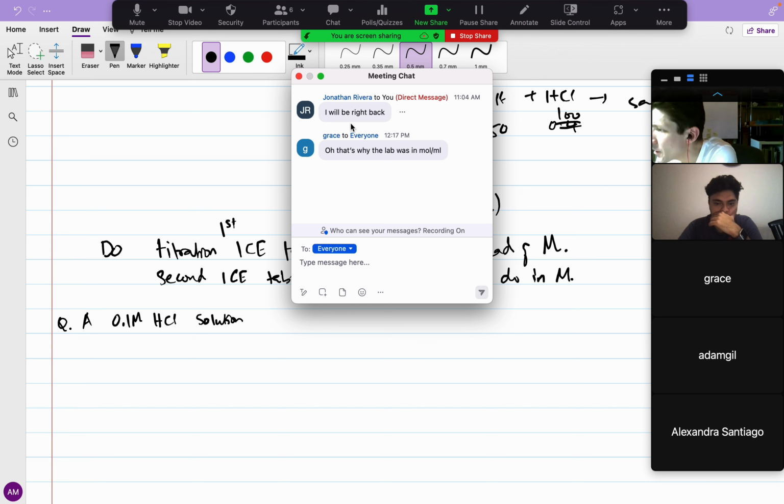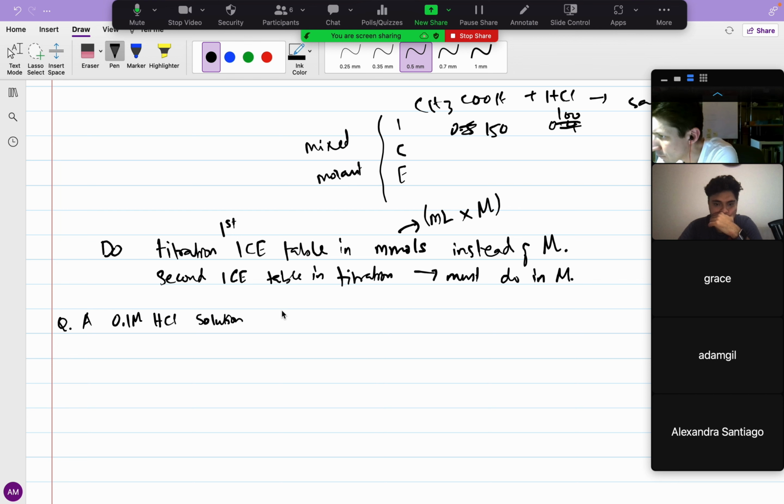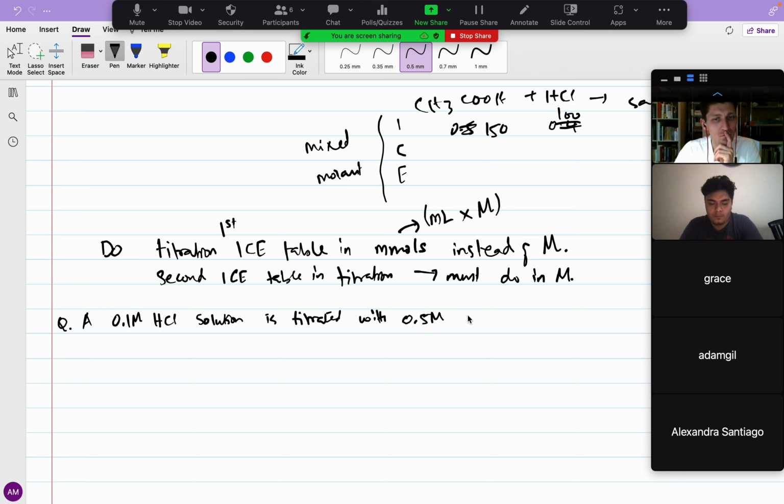Yes, moles per liter, exactly. A 0.1 molar HCl solution is titrated with, titrated is just a fancy word for saying mixed with, 0.5 molar. Let me take out the HCl and replace it with NaOH. 0.5 molar CH3COOH.